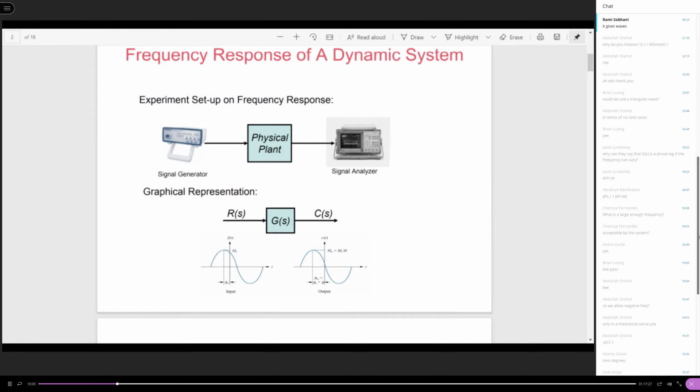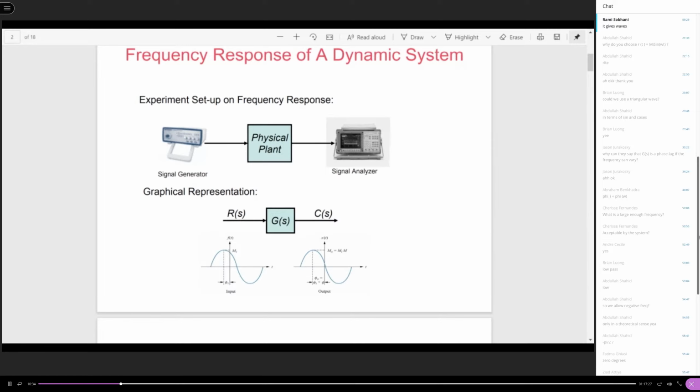But the difference, like what I said, is that when you conduct a frequency response analysis, you can conduct the analysis in the frequency domain, not in the time domain. This is the biggest difference, okay? And this frequency domain analysis gives us a lot of information about the system behavior.